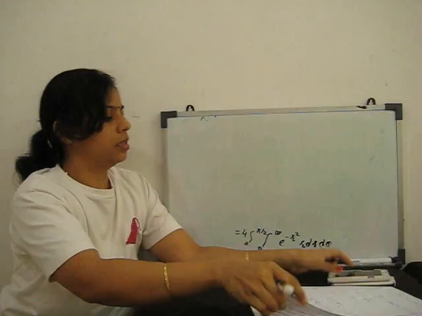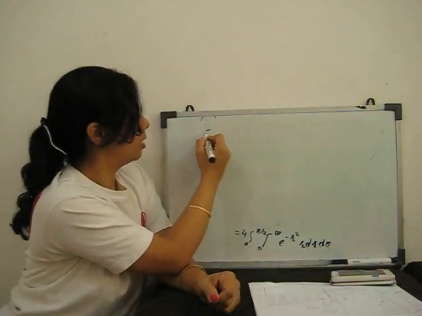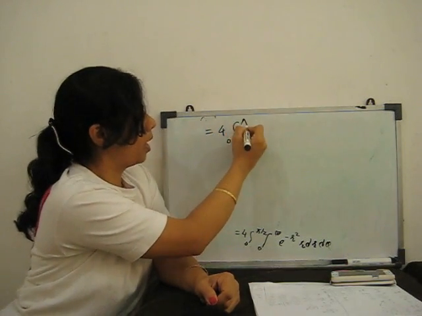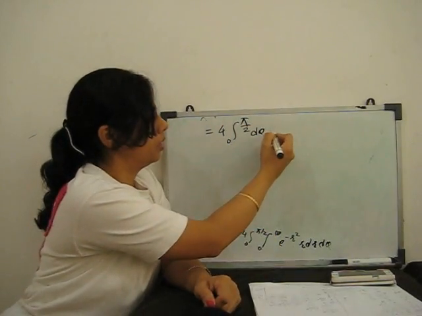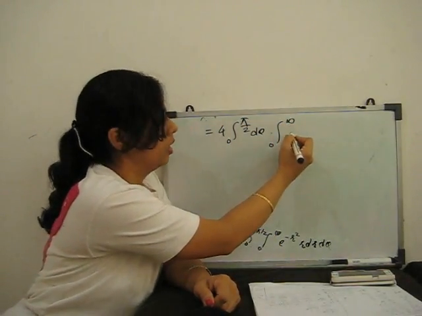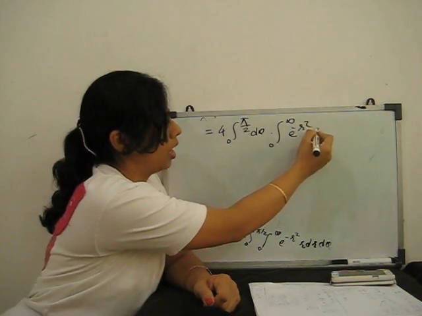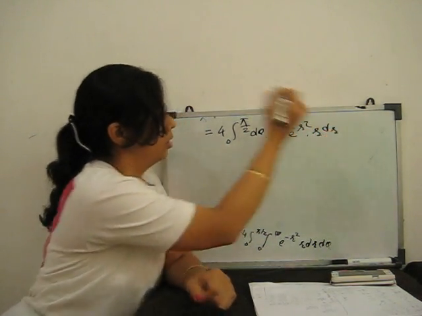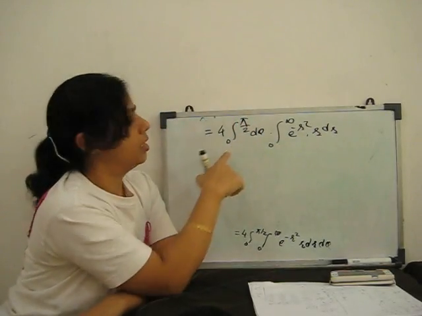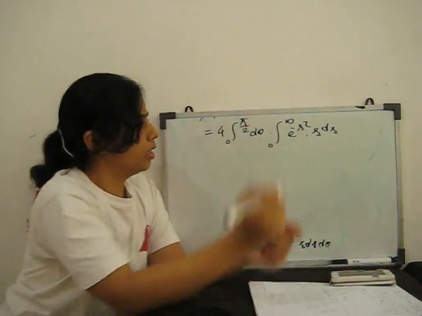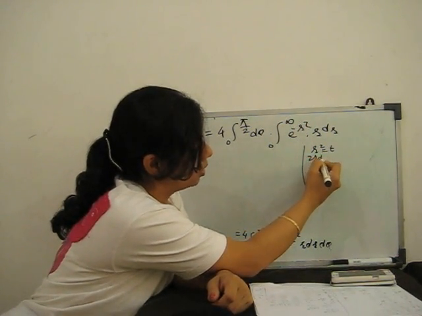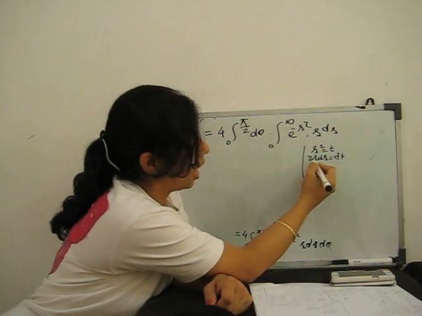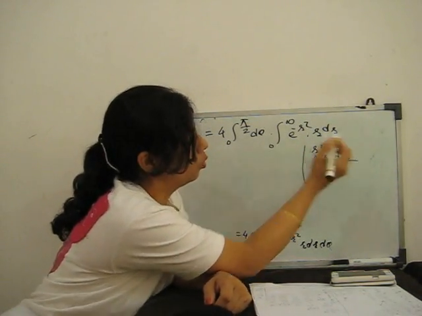Now last step, we have to solve the given integral. What is the next step? We have to solve the given integral. So our integral becomes 4 times integral 0 to pi by 2 d theta. Yes, theta separate, then 0 to infinity e to the power minus r square r dr. Okay, this integral of d theta is theta. If we want to solve this integral, just put r square is equal to t, 2r dr is equal to dt, means r dr is dt by 2.